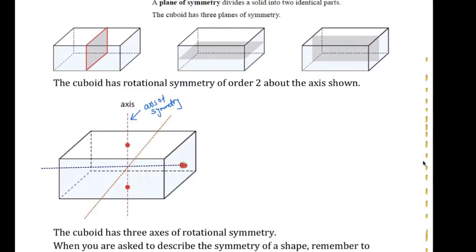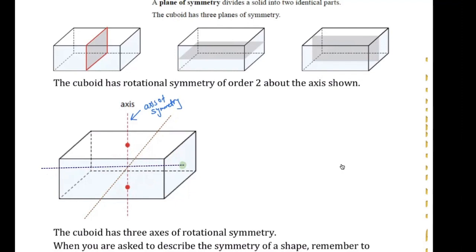Or if I pass an axis from this face, then I can rotate the cuboid in this way. So how many axes do you see? There are 3 axes of symmetry.